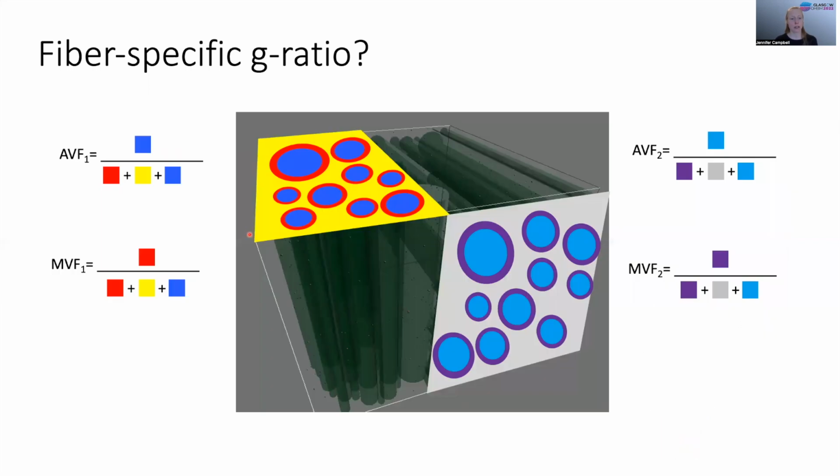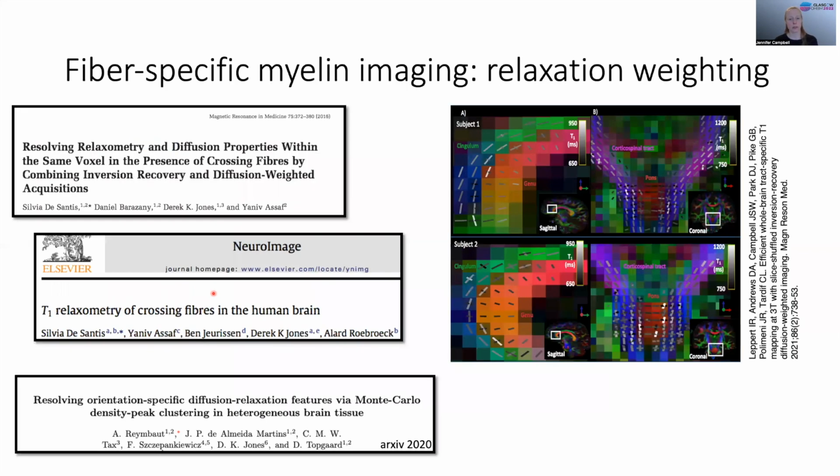If we go back to the volume fraction-based approach, we would need to estimate volume fractions for each of the crossing fiber populations. I'll start with the myelin volume fraction. A number of groups have looked recently at combining diffusion imaging with sensitization in the same sequence to a myelin-sensitive parameter such as T1, which has been done using inversion preparation or multiple TRs.